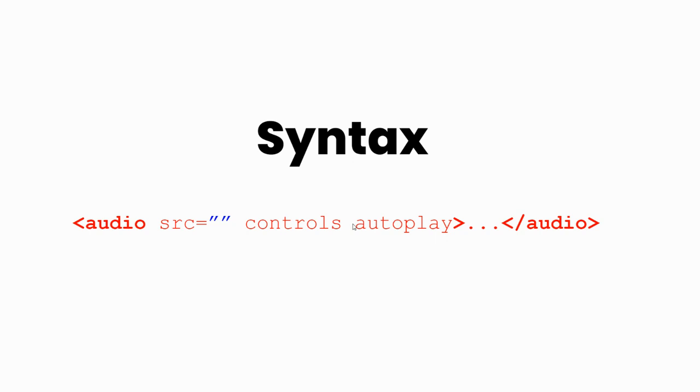Yes, it actually does the same thing it does in the video element, which is to provide controls that enable you to perform functions like playing, pausing, going to the next audio and other stuff like that. And also we can see on the screen the autoplay attribute within the audio element. So it also does the same thing it does in the video element.